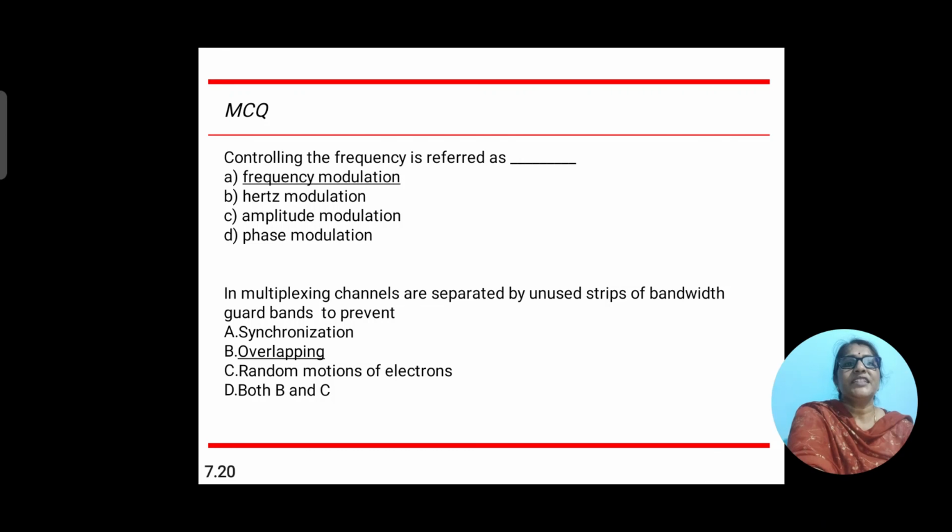Controlling the frequency is referred to as frequency modulation. In multiplexing, channels are separated by unused strips of bandwidth, called guard bands, to prevent overlapping.